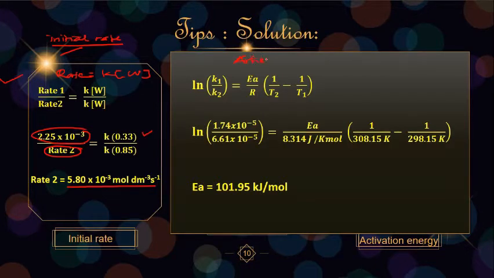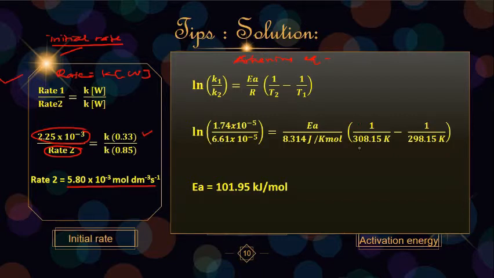Actually, what is the Arrhenius equation? The Arrhenius equation is an equation that relates rate with the concentration and with the activation energy. If you can see from the question, you are already given rate 1, rate constant 1 and rate constant 2.